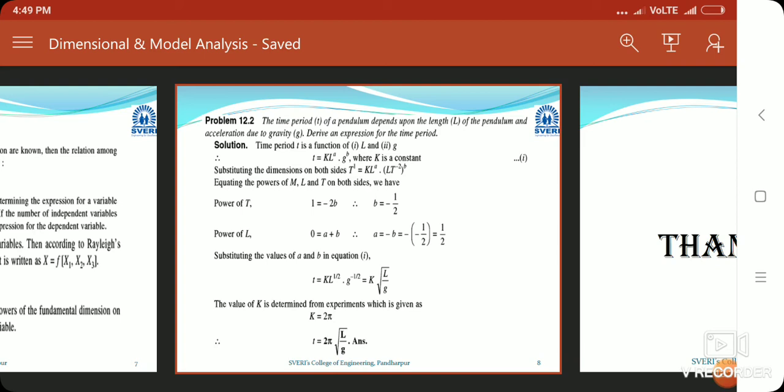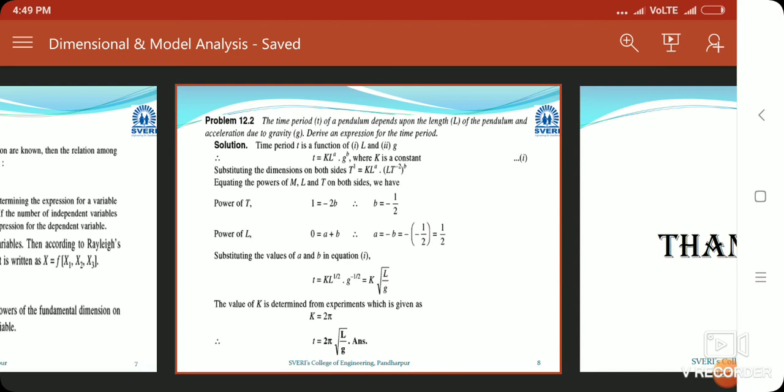Derive an expression for the time period. Now here, the time period of the pendulum T is the dependent variable. So T depends on the length of the pendulum, and it depends on the acceleration due to gravity.